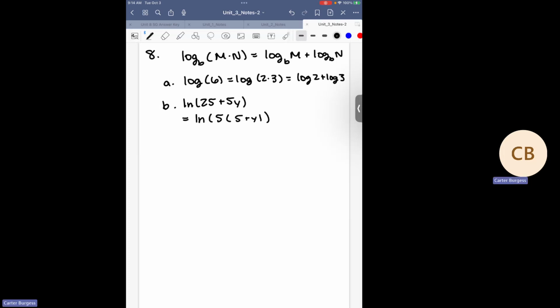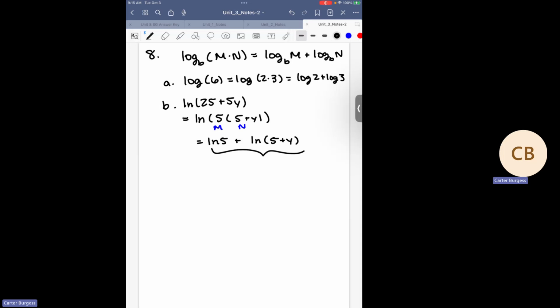And now I can use my product rule, where this is m and this is n. And so I get that this is the ln of 5 plus the ln of 5 plus y. Am I able to do anything afterwards with this 5 plus y? No. This is completely done. This is as simplified as I would be able to make it. Is that what we see for part B? No, it is in fact not. And so, no, we would not be able to write it in this way.